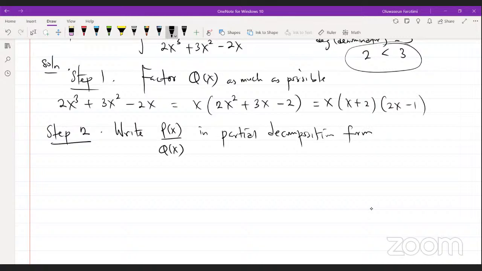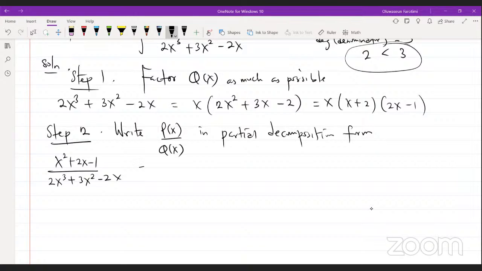All right, so what does that mean for us? I have x squared plus 2x minus 1 divided by 2x cubed plus 3x squared minus 2x.